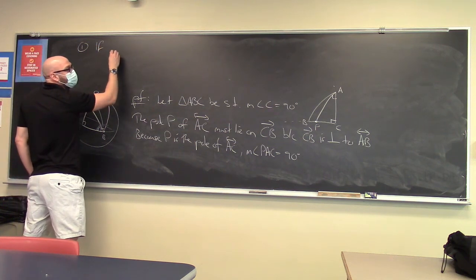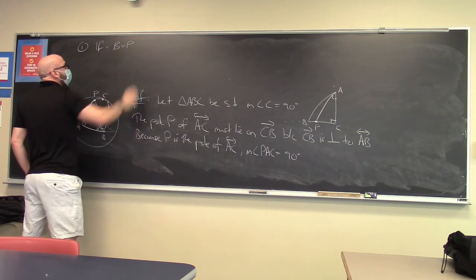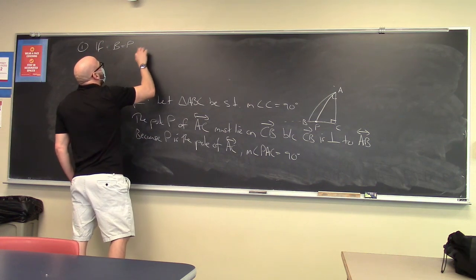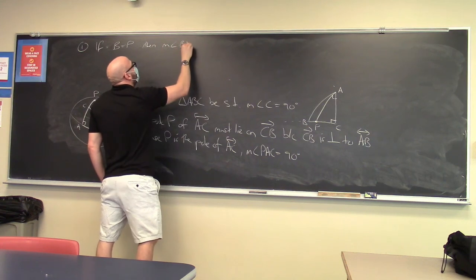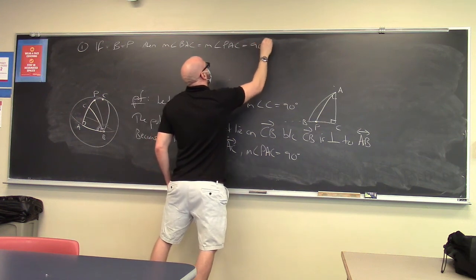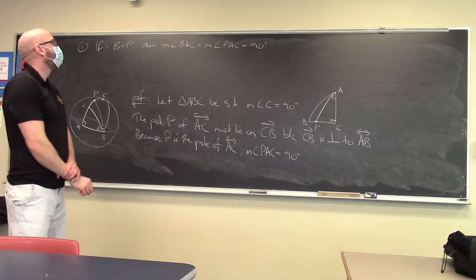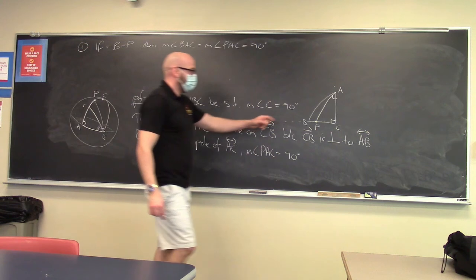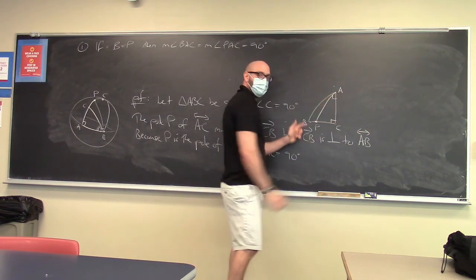If B is equal to P, well then the measure of angle BAC is the measure of angle PAC, which is 90 degrees. So just as we wanted, if this side length is equal to the polar distance, then this angle here is a right angle.